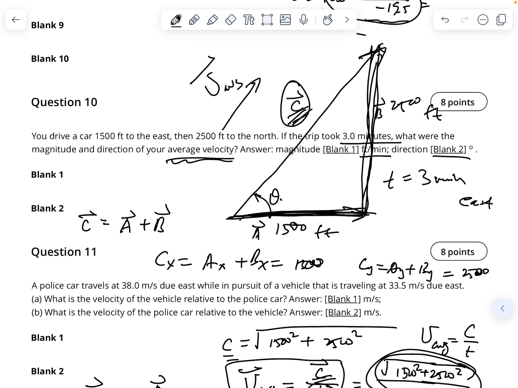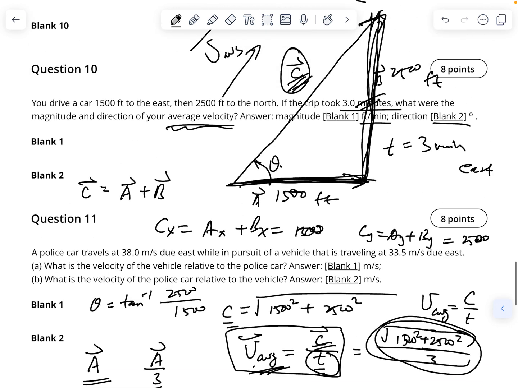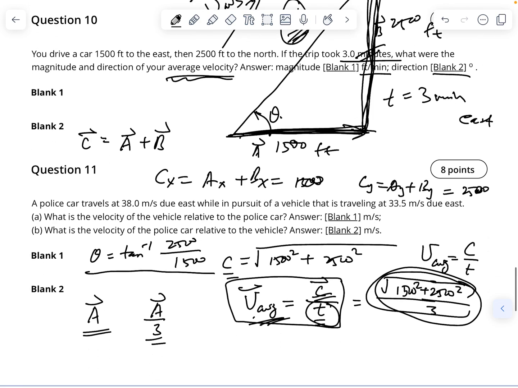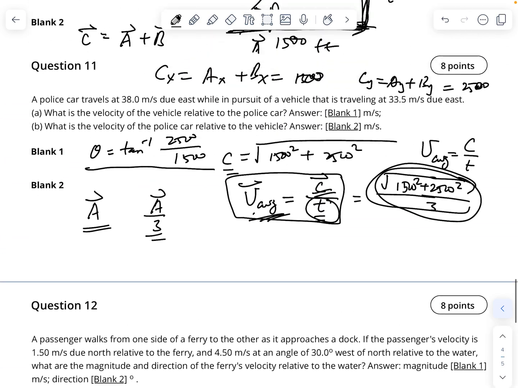This is a right triangle, and this is a first quadrant angle. This angle is the velocity direction.